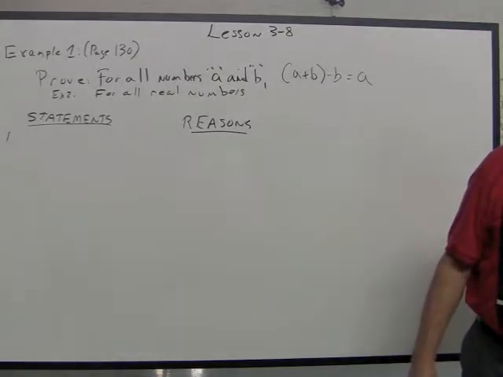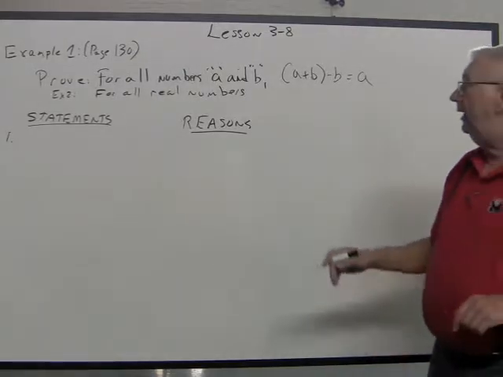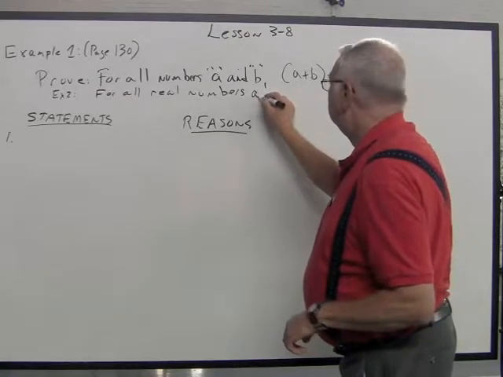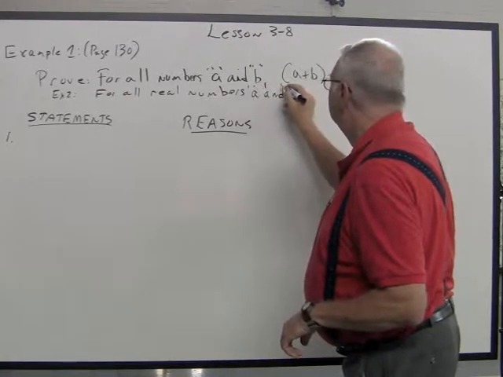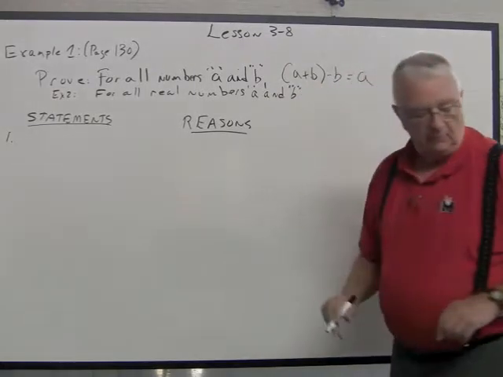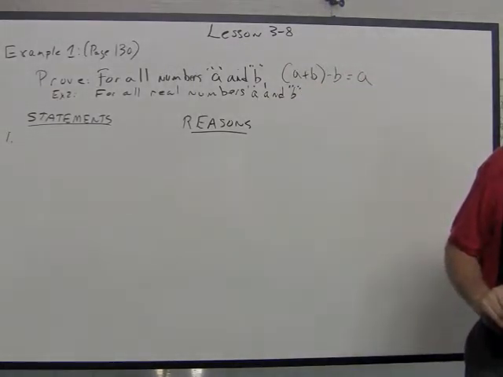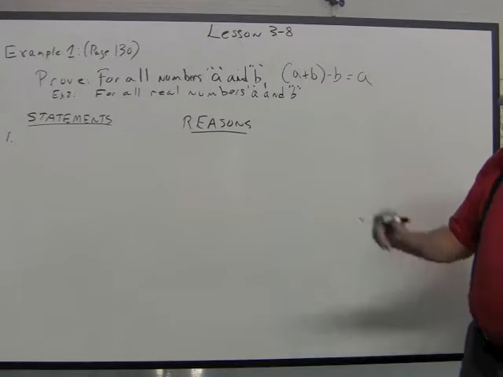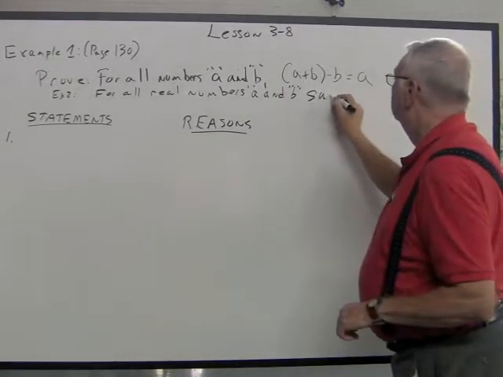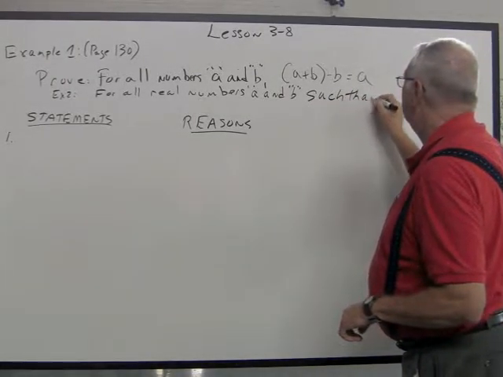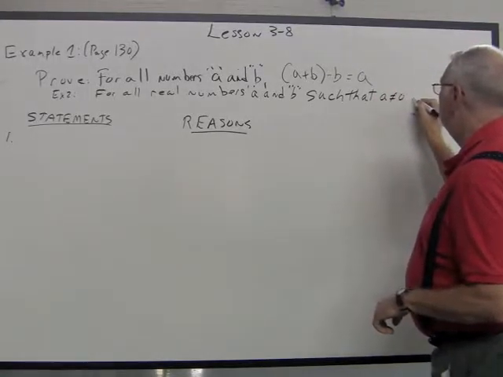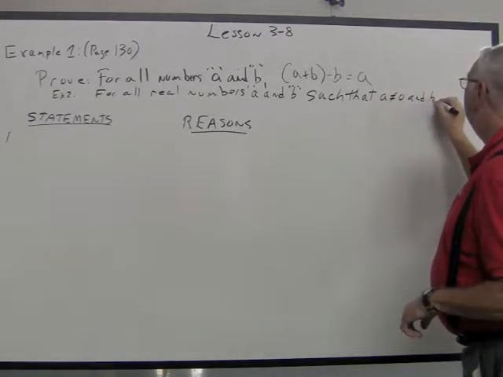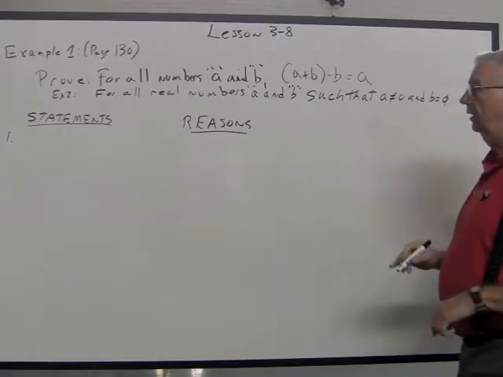This one says for all real numbers a and b such that a is not equal to 0 and b is not equal to 0.